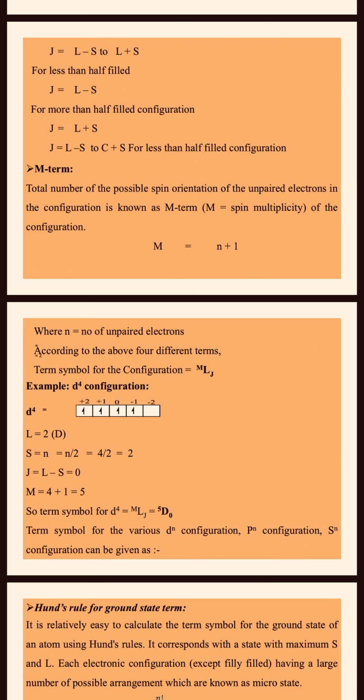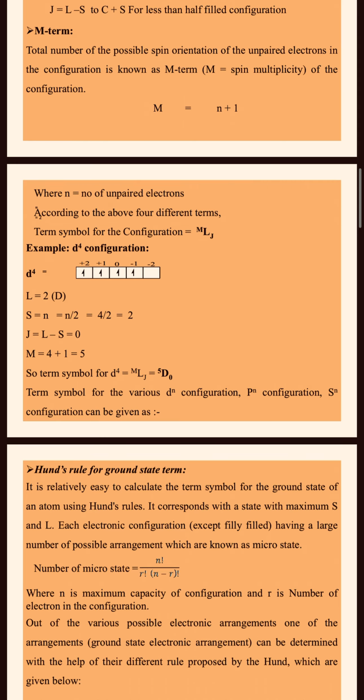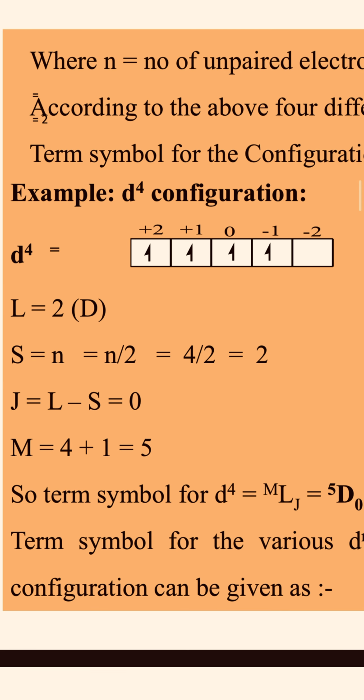Then comes the M term or spin multiplicity, which is 2S plus 1. We usually use N there, and N is 2S plus 1, so we consider that equation. For the d4 configuration, this is how the atomic orbitals are occupied according to Hund's rule.